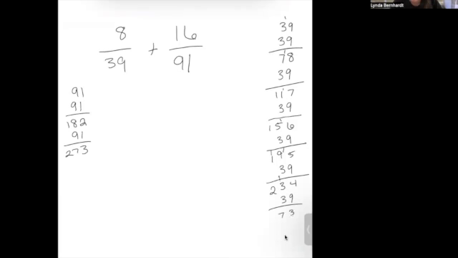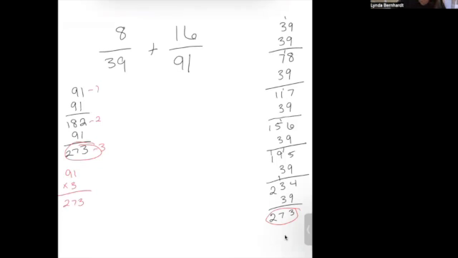Oh, wait. Look at there. We now have 273. So this is 1, this is 2, this is 3. So that we know 91 times 3 equals 273. So that's the 91.